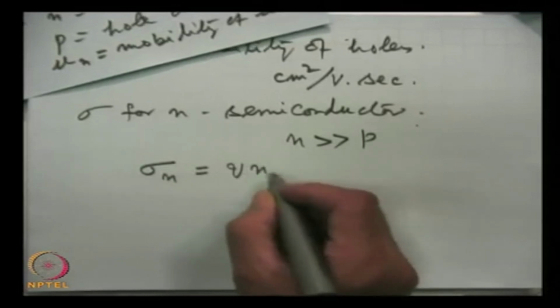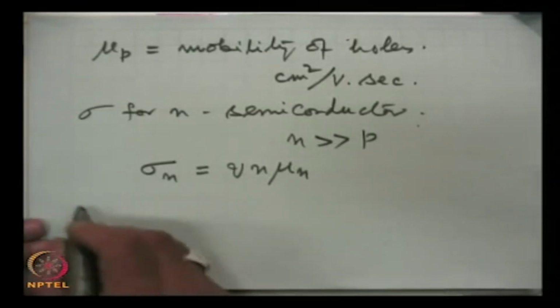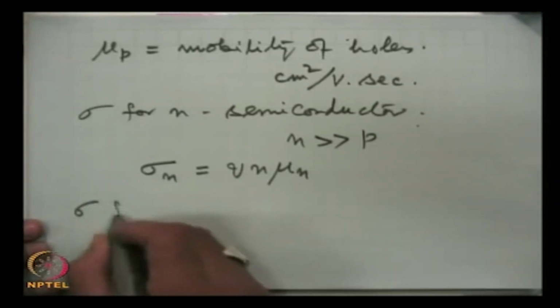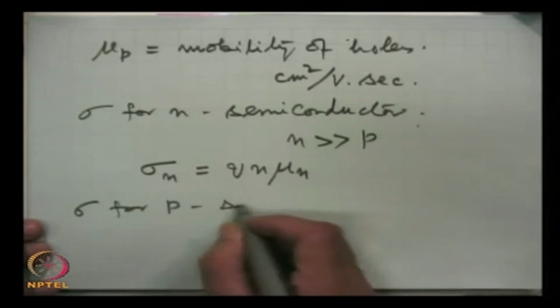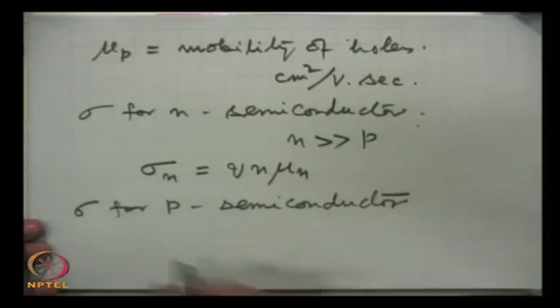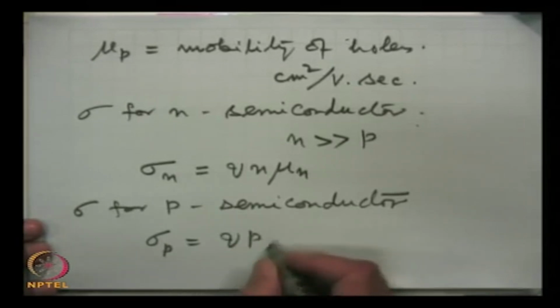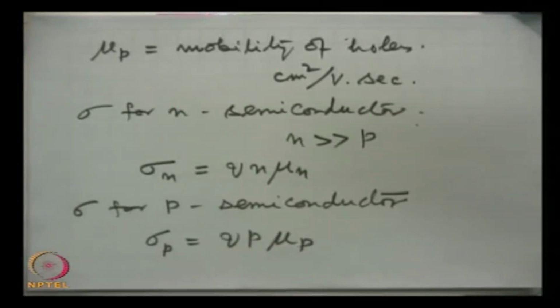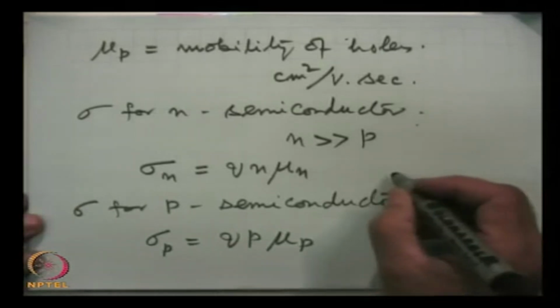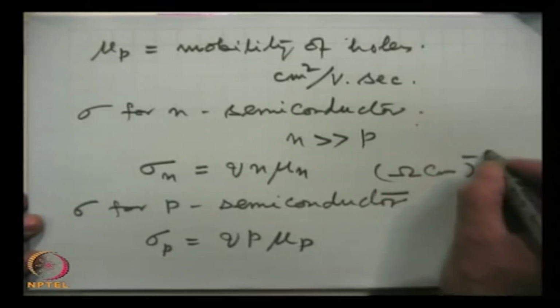So, the conductivity for n type material becomes Q n mu n, and similarly conductivity for p semiconductor is Q p mu p, and conductivity is expressed in practical units as ohm centimeter inverse.